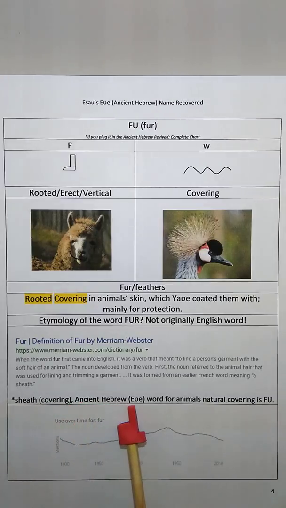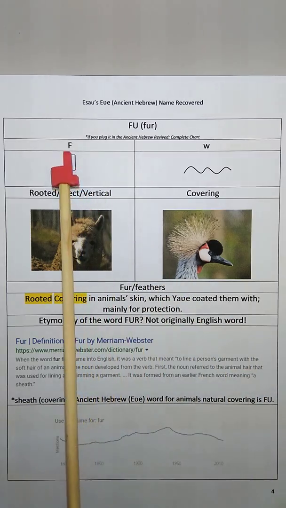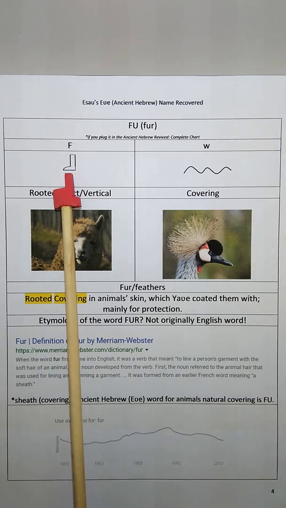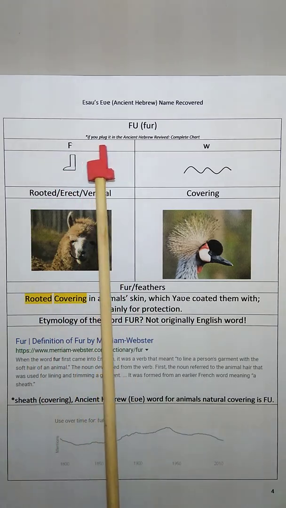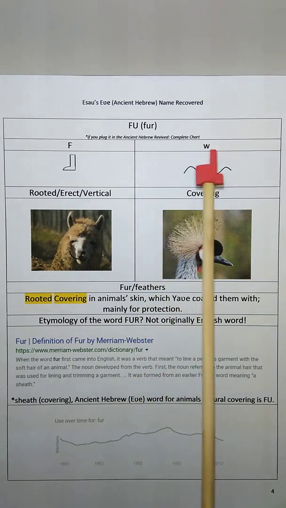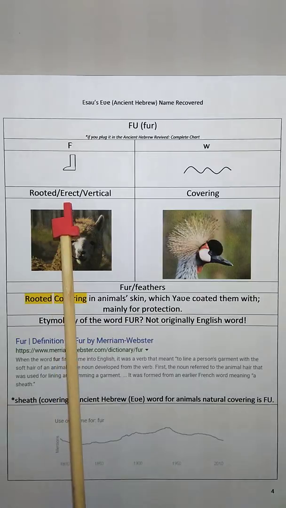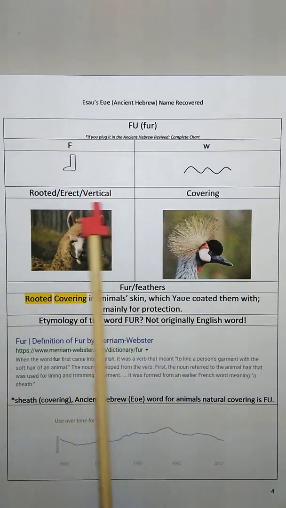And in ancient Hebrew, the word for animals' natural covering is Fu, and in Fu you have the Fur and the Wa. The Fur, that's the foot, means, if you plug it in our ancient Hebrew revived complete chart, rooted or erect. It stands out, it sticks out, and it is vertical.